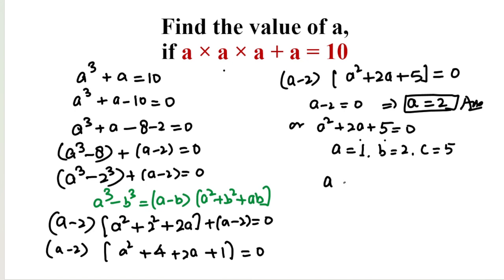and the solution a equal to minus b plus minus under root b square minus 4ac upon 2a.